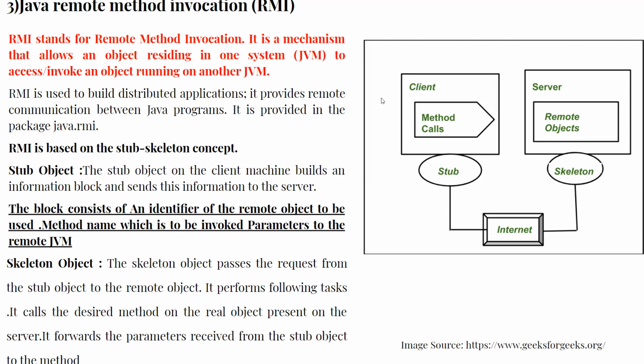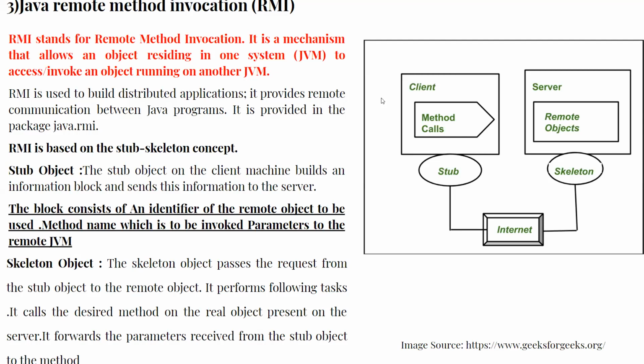If I talk about the stub object, it is something which sits on the client end, or client machine, and it builds the information and sends it to the server. Whatever the client requests is handled by the stub object and sent to the server.